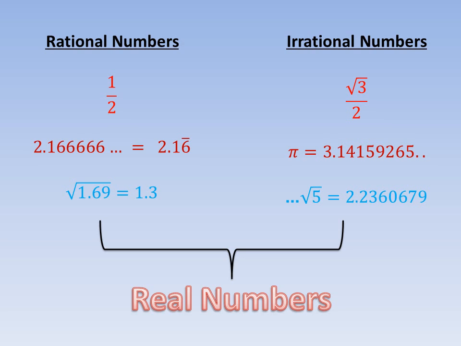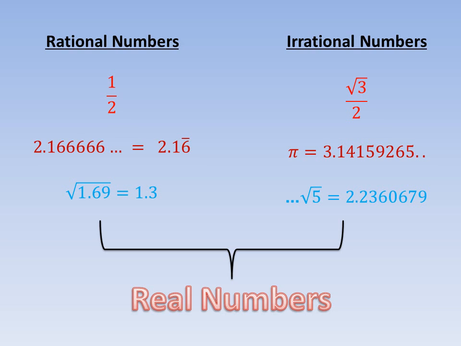The root of 1.69 is equal to 1.3, which means it is a finite decimal number, because there is only one digit after the point, which means it is a rational number. But the root of 5 is equal to 2.2360679.